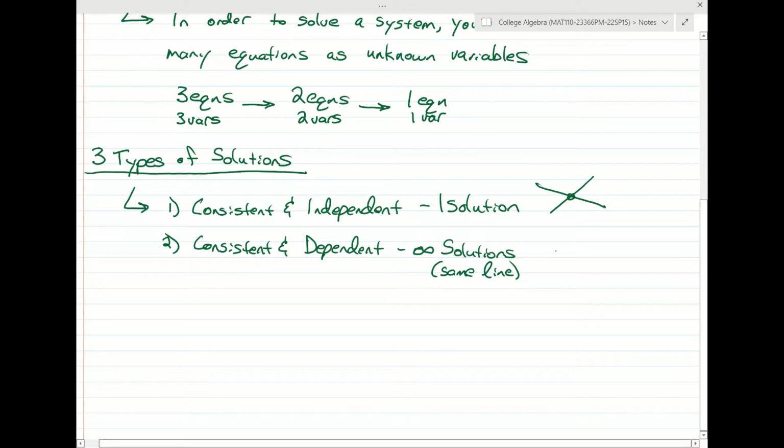And this would just be like if you had x plus y is equal to 2 and 2x plus 2y is equal to 4. All I did is I multiplied the one line by 2, and clearly they're the same thing.